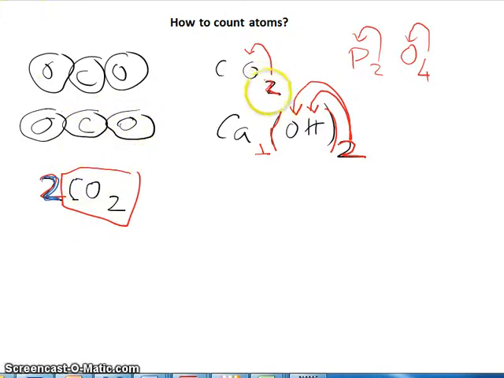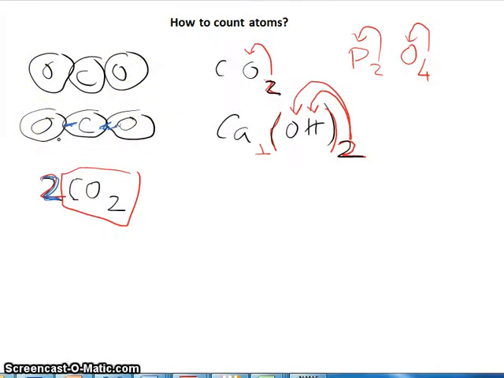The difference between the 2 in front and the 2 behind is that the 2 behind implies that the atoms are sticking together. So this 2 behind the O means that the 2 O and the C are sticking together, they're bonding with each other. The 2 in front means that they're not, they're separate. There's 2 groups: a CO2 group, then another CO2 group.